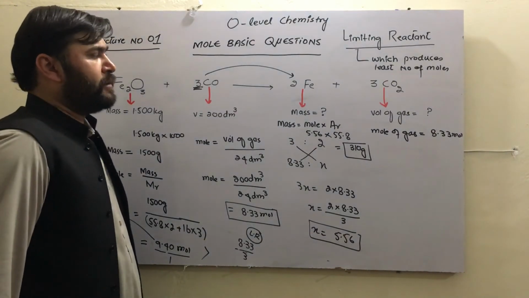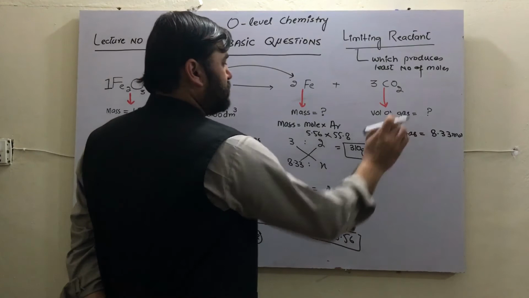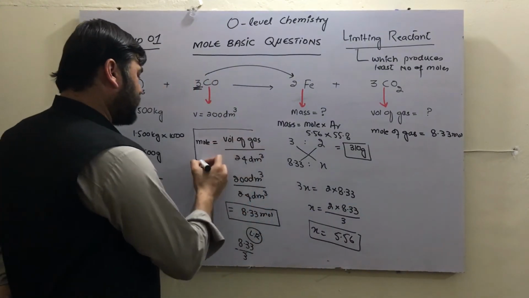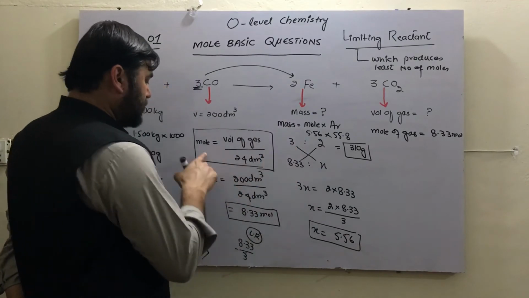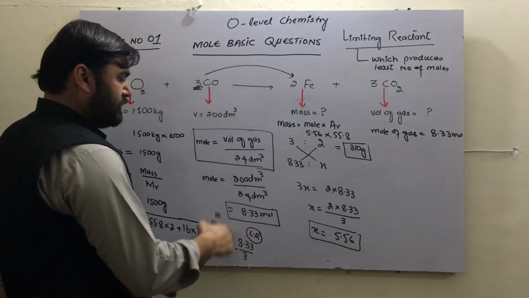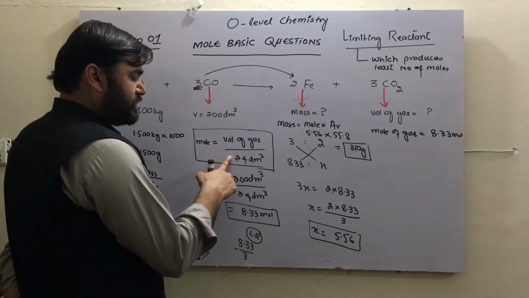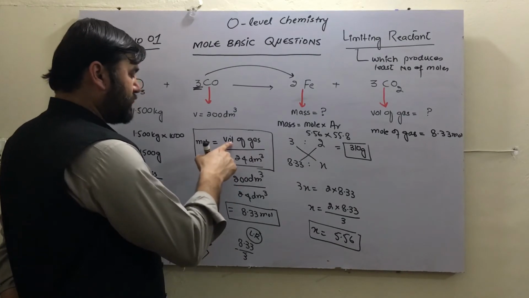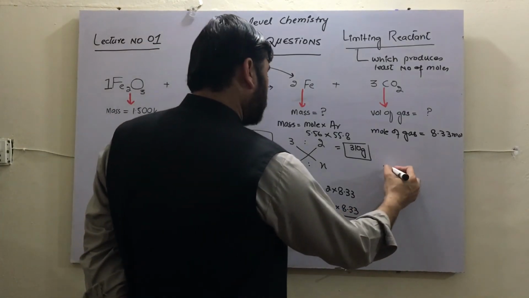So what will be the volume of gas in this case? Now see, it is very easy. From this formula we can find the volume of gas, because we found out the mole. Already the mole is given from the limiting reactant, and of course 24 dm cube is given. So we can find out the volume. We rearrange the formula.